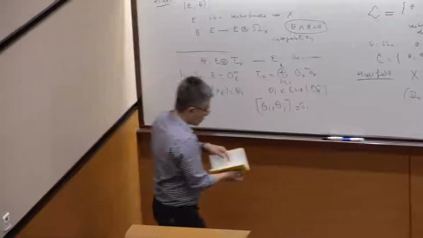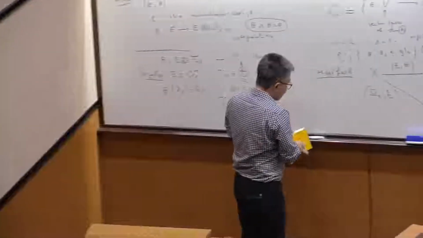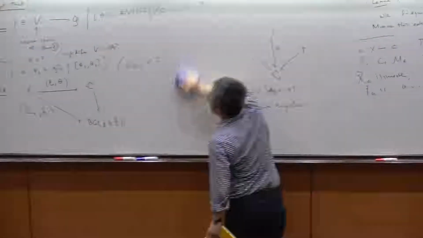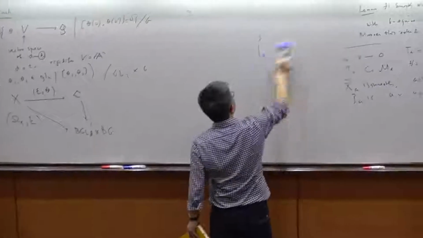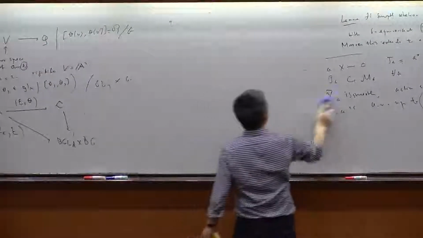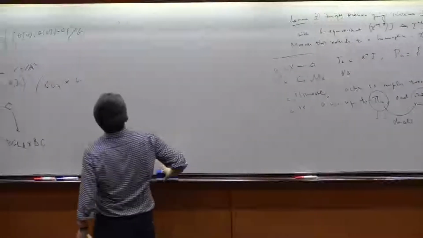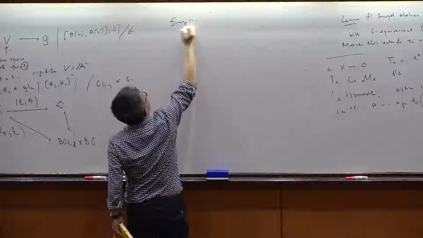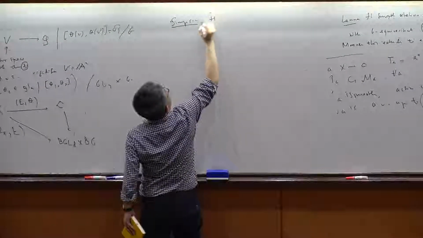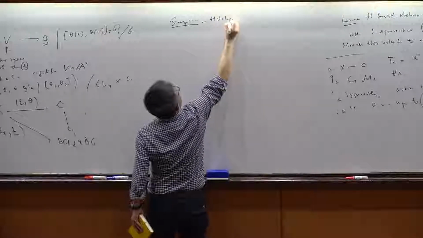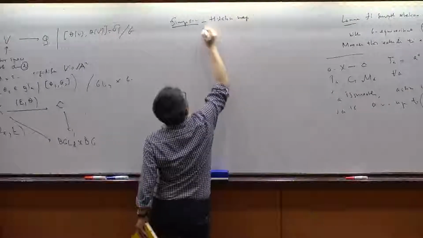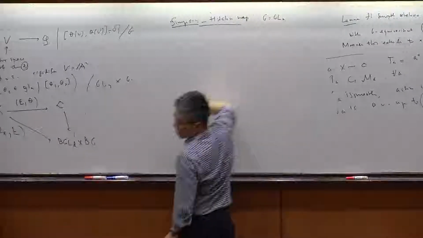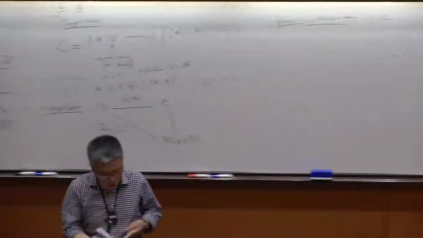Okay, so now we come to this. This is really studied in the important paper of Simpson, and Simpson defined a kind of Hitchin map only in the case of G equal to GL_n. So how does he define it?